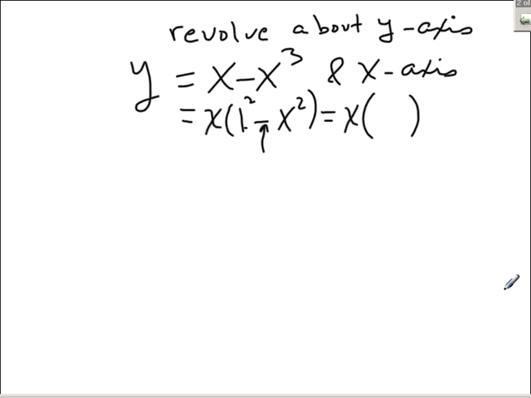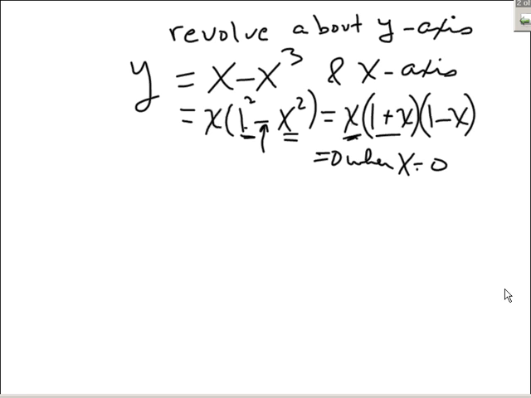Write down the things that are being squared, namely 1 and x, write them down twice. One gets a plus, one gets a minus. Now, this equals 0 when either this factor is 0, and that's when x is 0, or that factor is 0, and that happens when x is negative 1. And of course, 1 minus 1 is 0, so the last factor is 0 at 1.